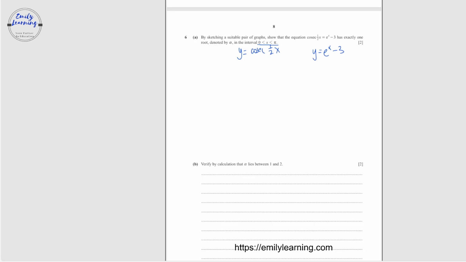Okay, so let's look at the graph of cosecant x first. So recall your cosecant x graph looks something like this. We have asymptotes at the y-axis, at x equals pi and x equals 2 pi, if you're looking at y equals cosecant x.